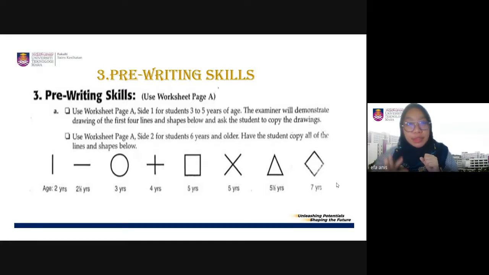The first task we give is pre-writing skills. The pre-writing skill is very important because all of these shapes and lines will help the child form letters when writing later. Okay, can we proceed?